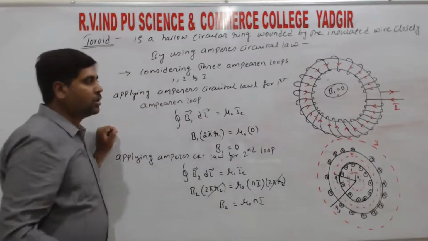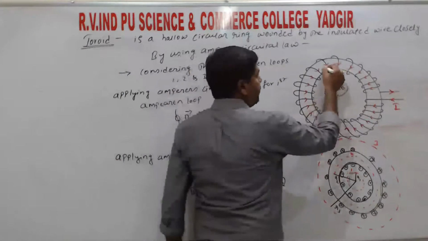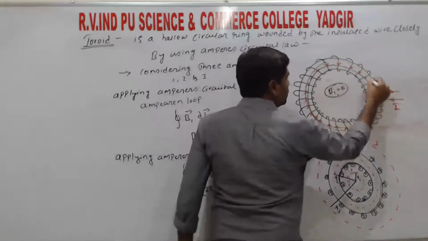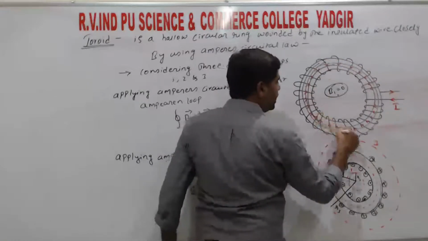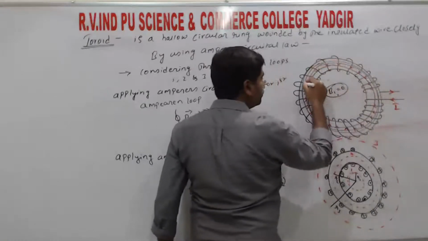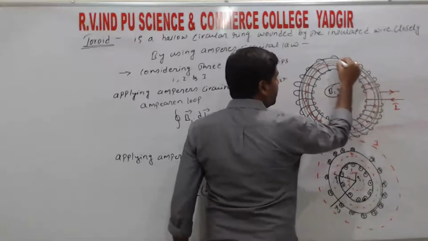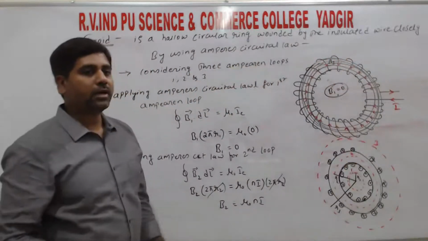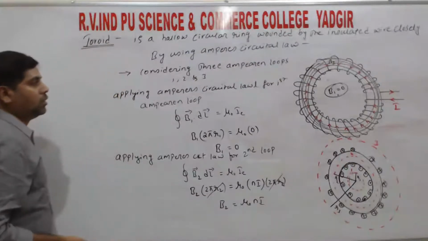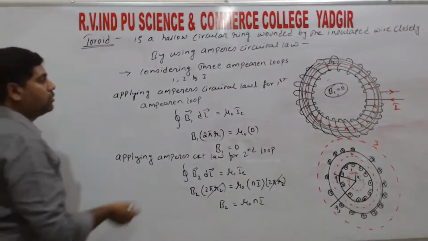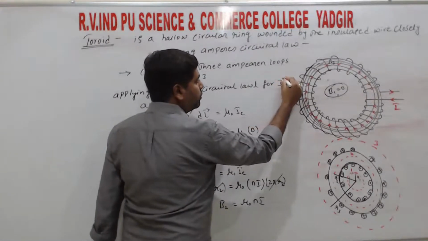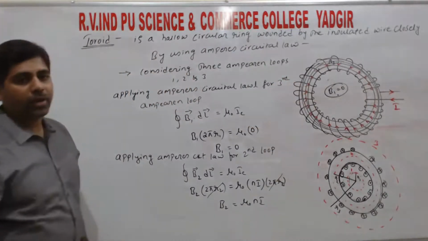Right? So that means the magnetic field inside the halo ring, in the space in between, the magnetic field is produced. So this is what B2 is, right? So on the last loop, applying Ampere's circuital law for the third loop, the third Amperean loop.